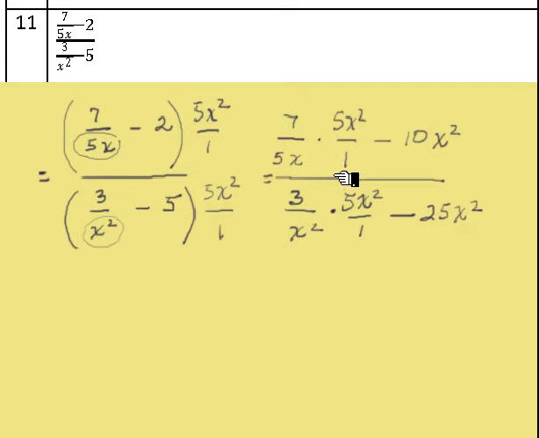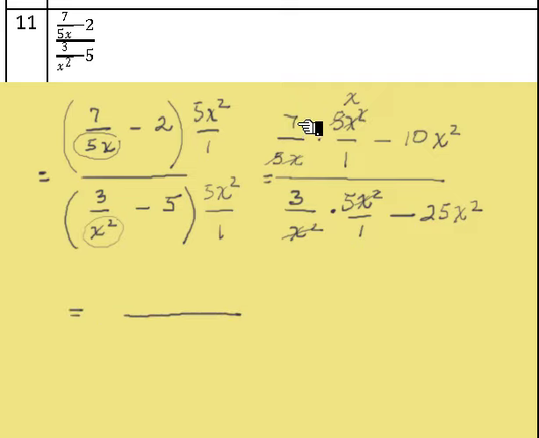Okay, now we're ready to do our canceling. We cancel these 5's, and x divides into x squared, and we're left with x. Now here we're just going to cancel the x squared. Let's carefully see what we have left.